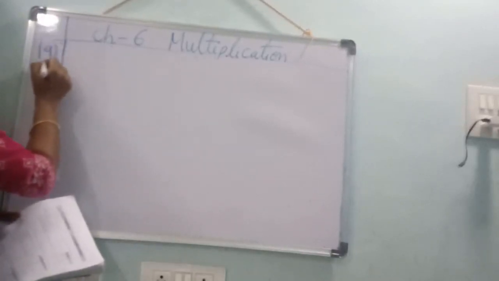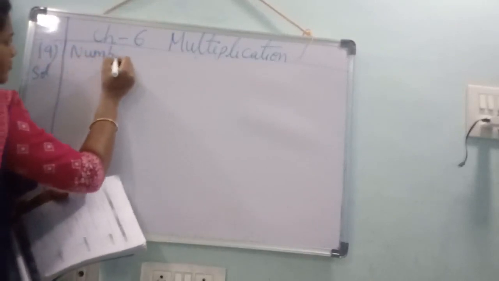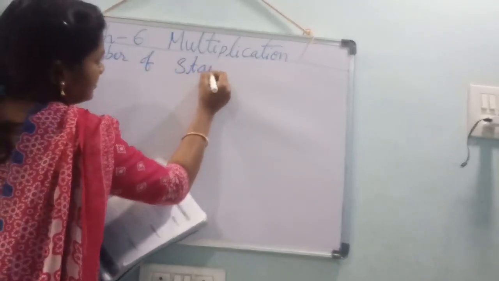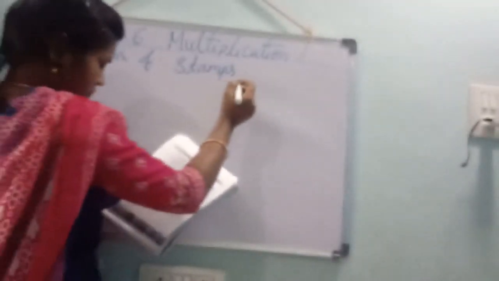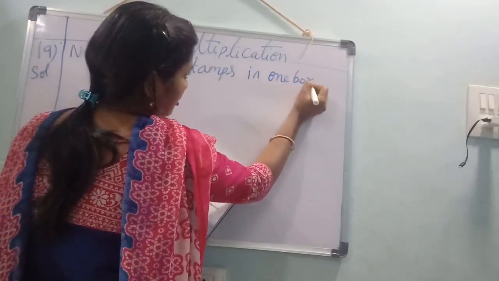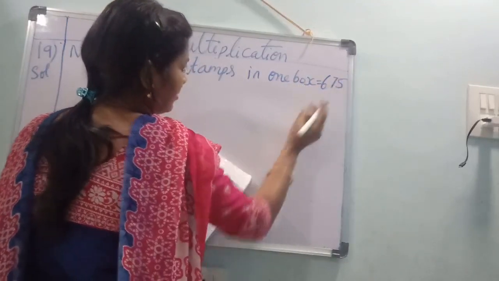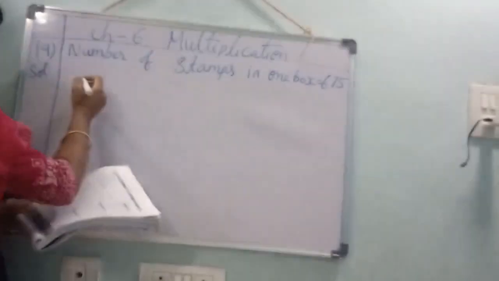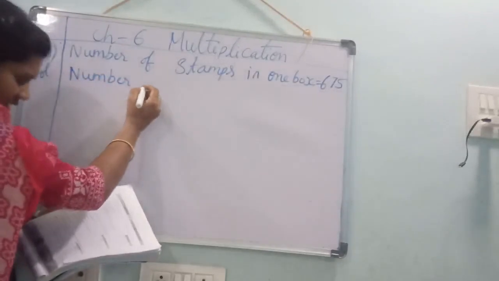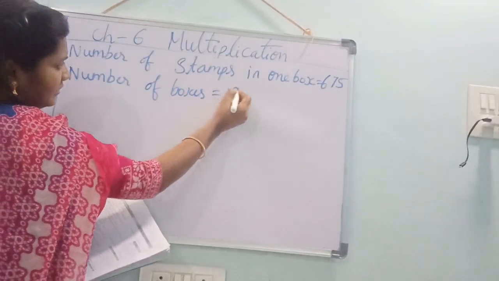19th one, solution. Number of stamps in one box. How many stamps in one box? 675. Now number of boxes. How many boxes are there? 13 boxes.